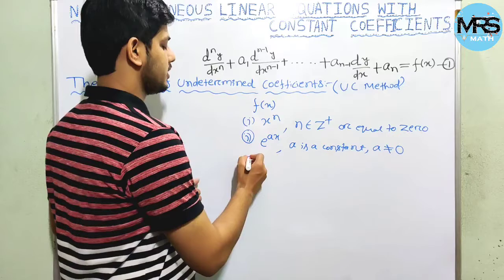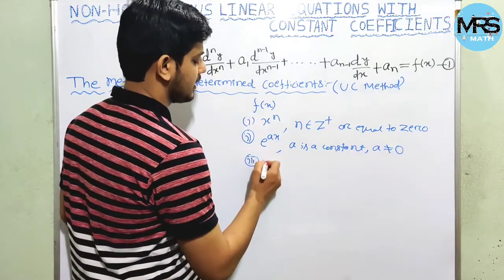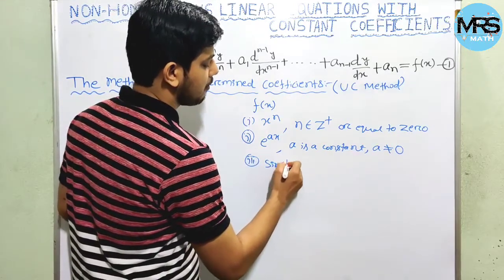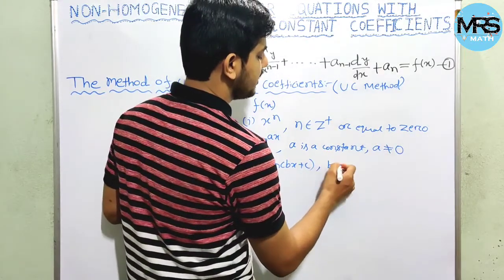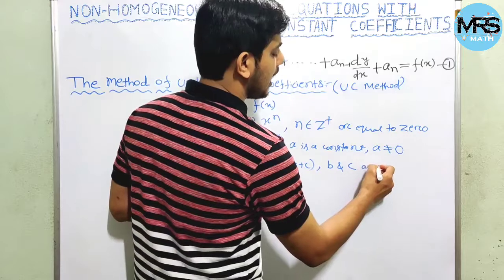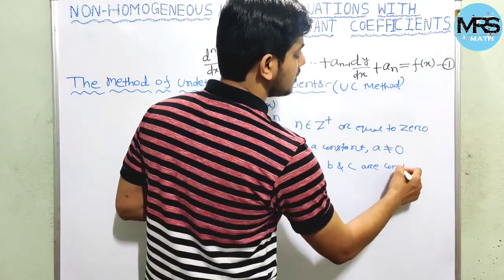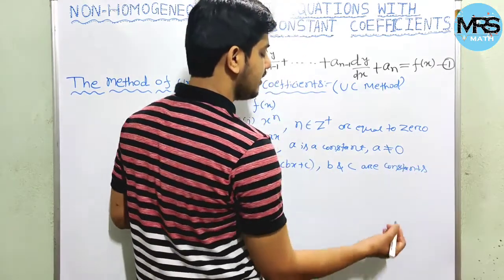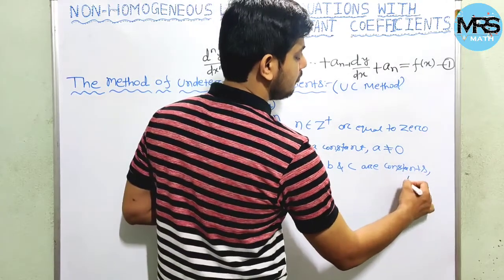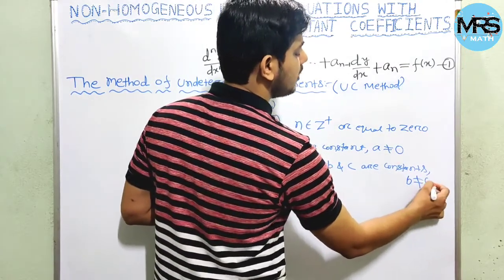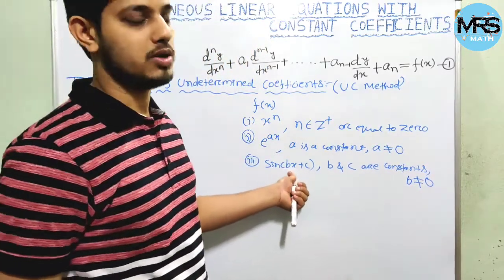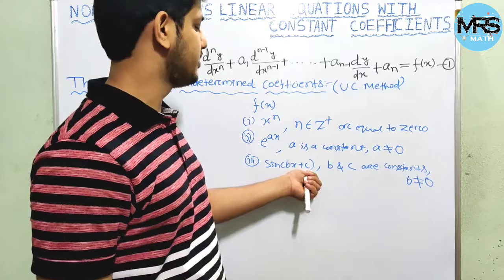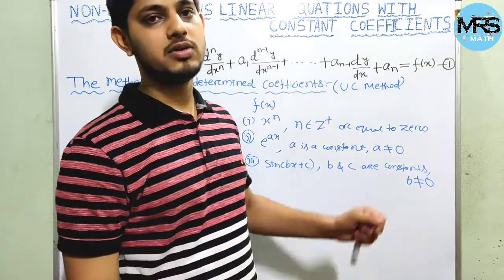The third one is sine of bx plus c, where b and c are constants and b should not be equal to 0. c may be 0, but b should not be equal to 0.